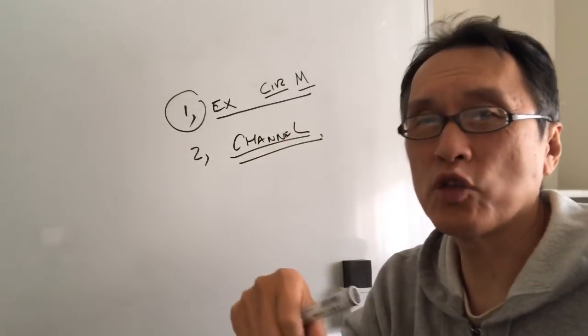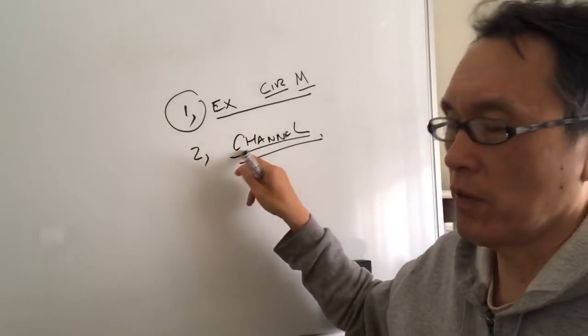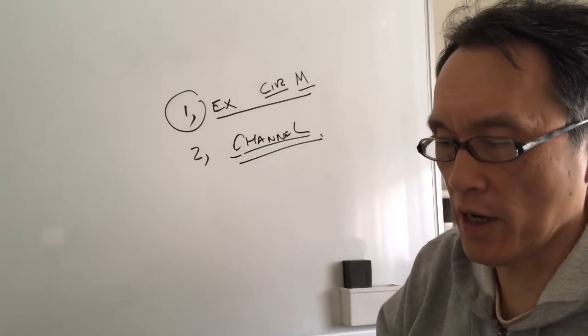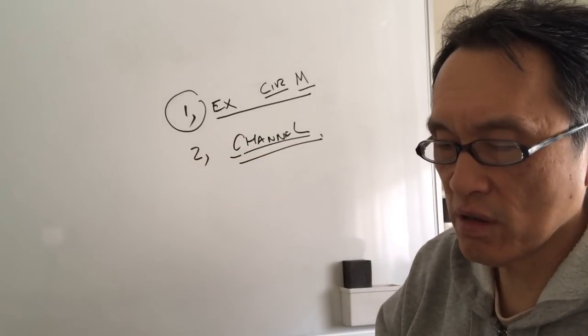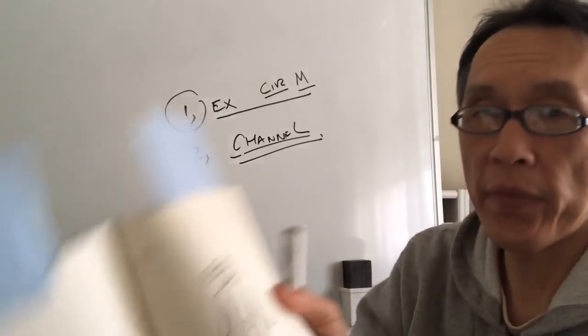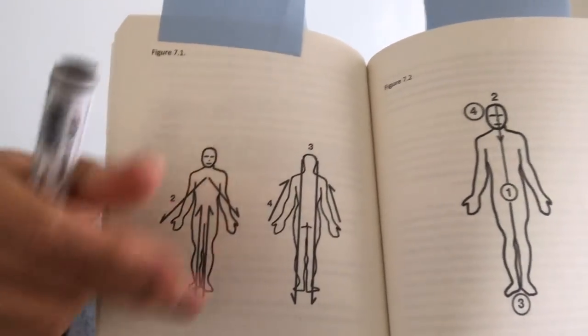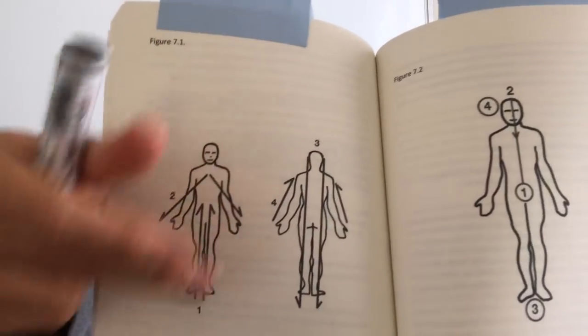If you go to acupuncture, it is the same thing. However, you need to know the directions of how those channels work, because that is important. You don't want to go against the channels or not understand this.